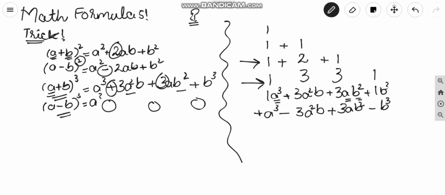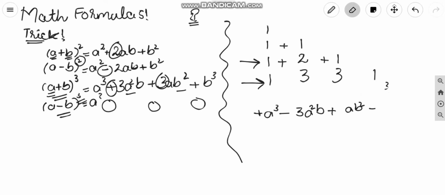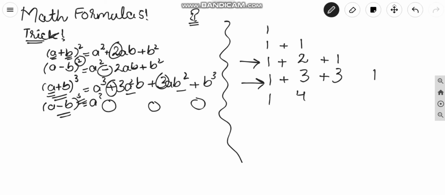You can also expand the polynomials having powers higher than 3 just following this rule. Let's check the coefficients of (a + b) whole power 4. Just write 1 again, add these two coefficients, it will become 4. Add these two coefficient numbers, it will become 6.